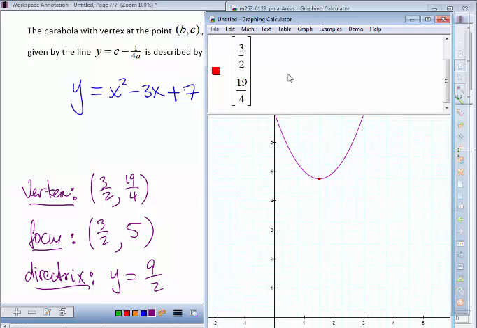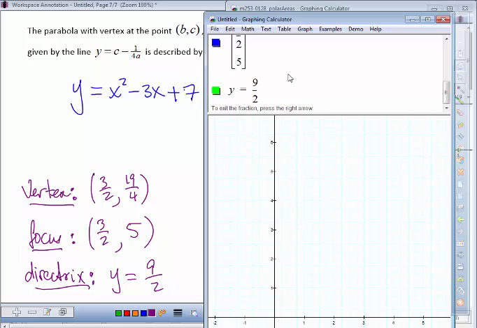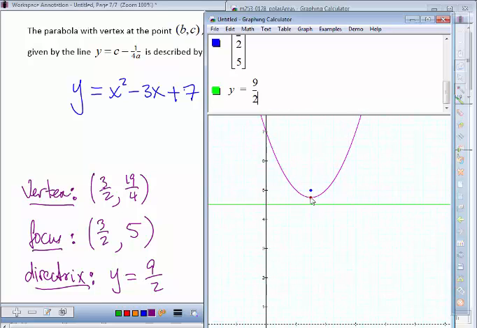And let's include the focus and the directrix, sorry.